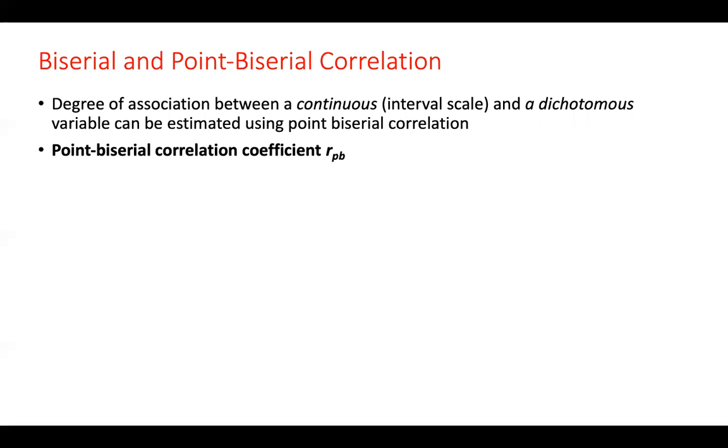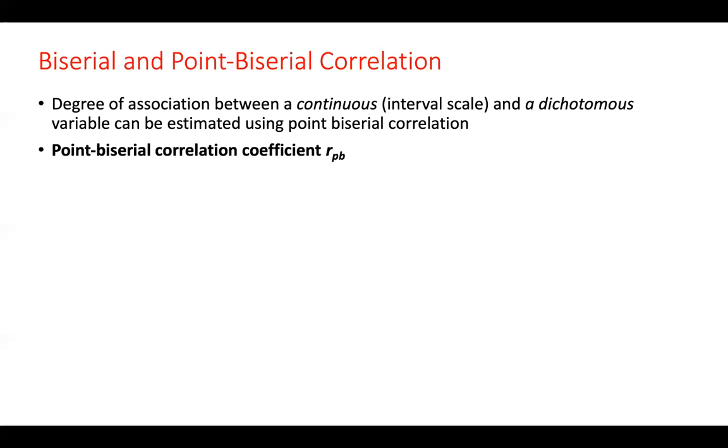When you're developing such a test, you're interested in how well the response to a single item, which is often yes or no, so 1 and 0, the dichotomous variable, corresponds to the overall test score, which is a continuous variable on an interval scale.